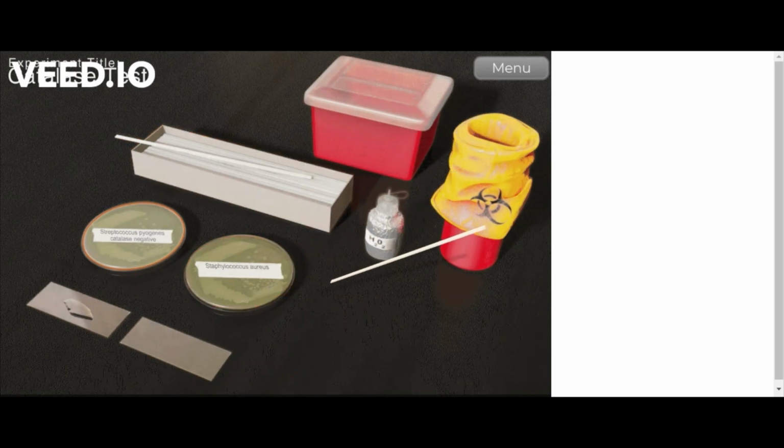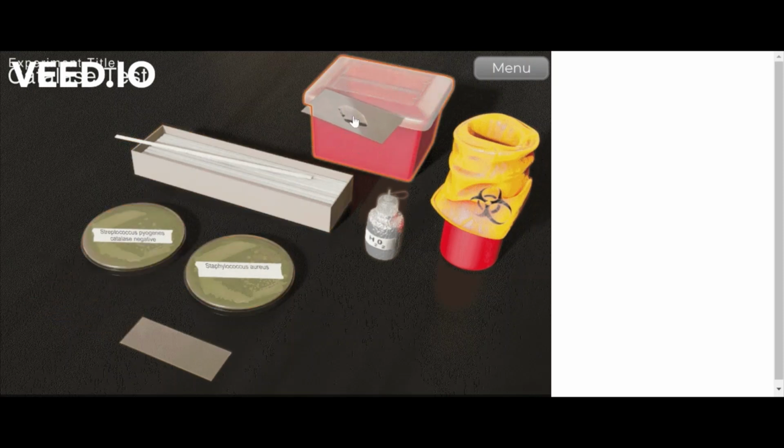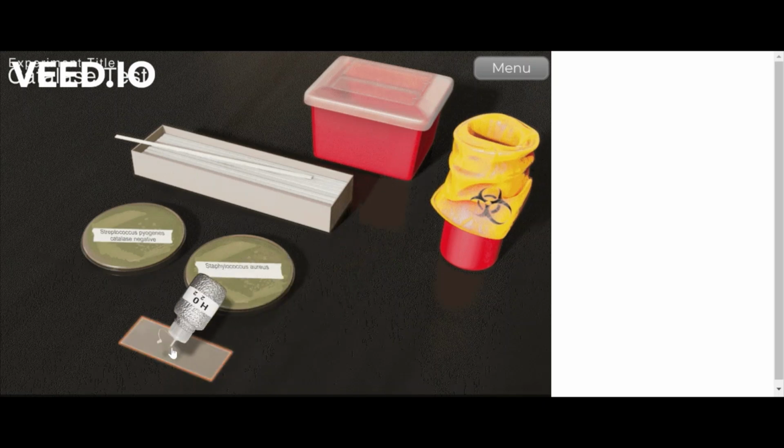After that, I will throw this toothpick into the disposable tin, and I will dispose of this slide into the disposable container. So I will again start off by dropping 1 drop of H2O2 on the slide.